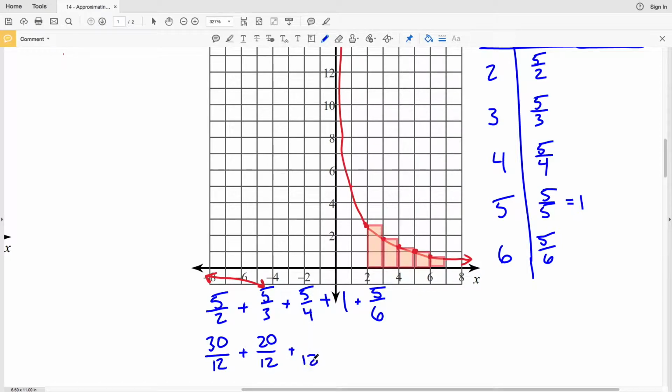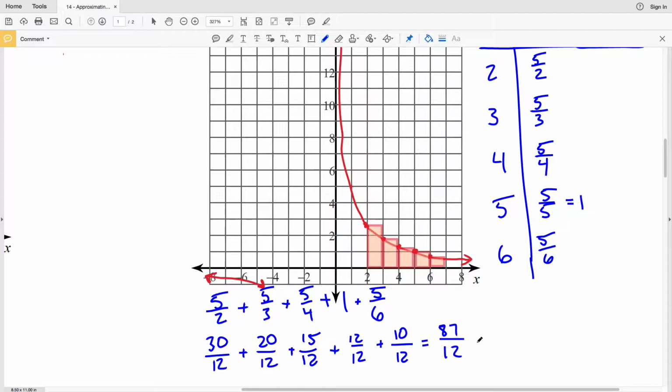For 5 fourths, we had to multiply the 4 by 3, so multiplying 5 by 3, that's 15, so 5 fourths is equivalent to 15 twelfths, and then 1 we'll write as 12 over 12, and then finally 6 we multiply by 2 to get to 12, so multiplying that numerator by 2, we'll get 10. So now in our numerator we have 30 plus 20 plus 15 plus 12 plus 10, which gives us 87, and that's all over 12.